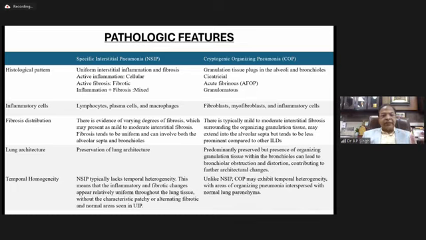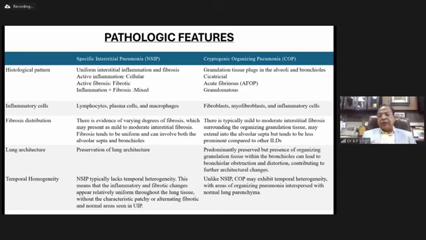I will just skip it for the sake of time. I have already mentioned the features of NSIP and cryptogenic organizing pneumonia. Few things which are important. The lung architecture preservation is there in NSIP.